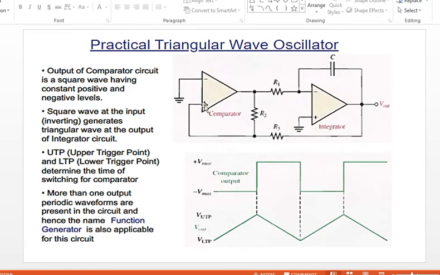Now this feeding back towards your positive terminal is creating the phenomenon that when V reference is 0, actually the negative terminal is 0, and whenever this voltage would be greater than 0, what will happen? Your voltage would be positive. Similarly, when it would be less than 0, your voltage would be negative. And similarly, with respect to your square waveform, the flipping will occur.